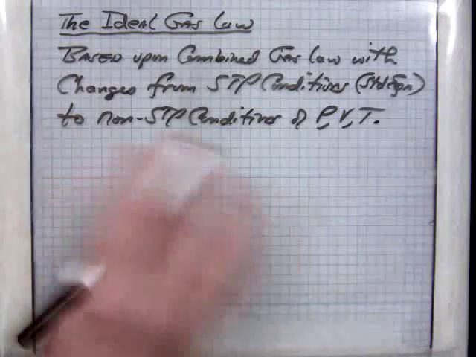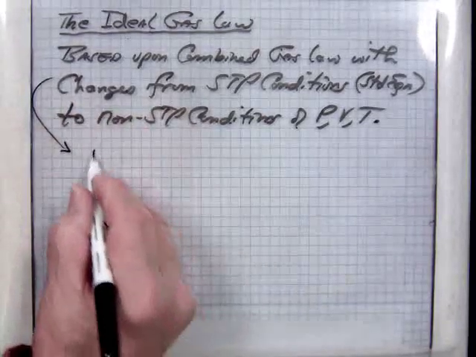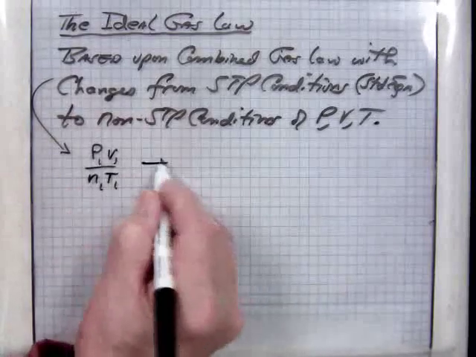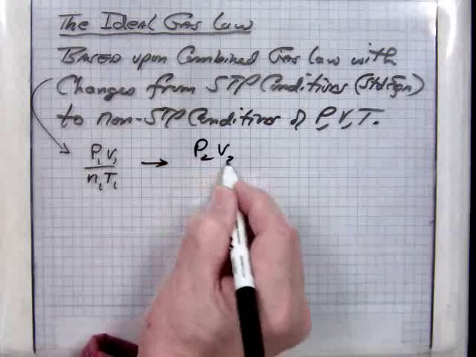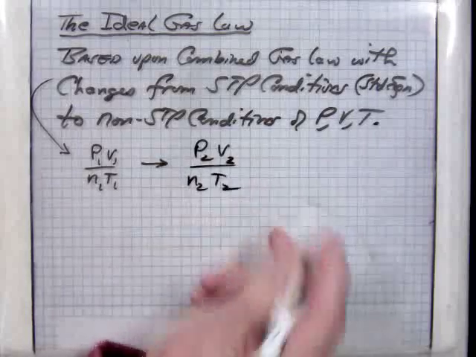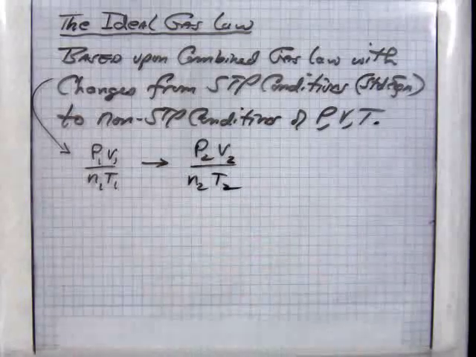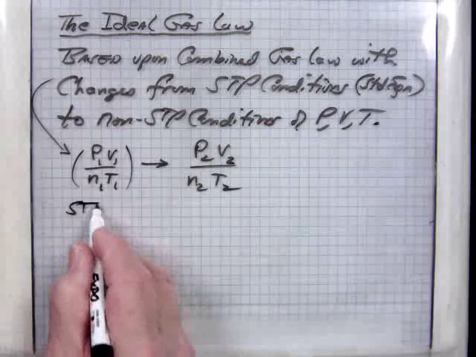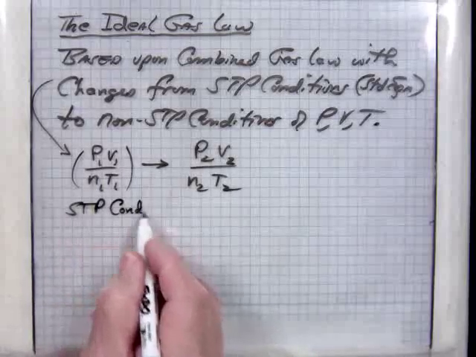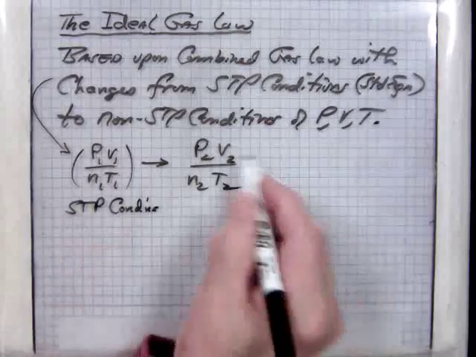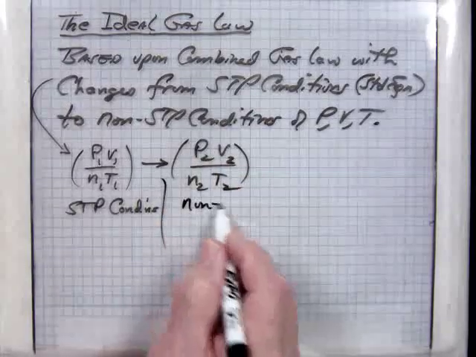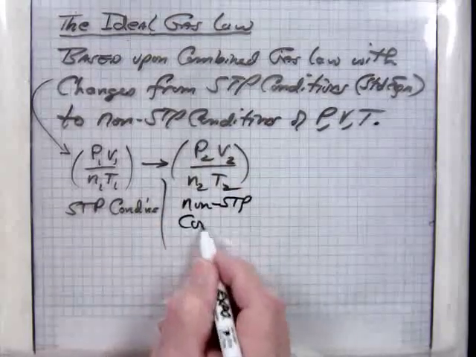So what this says is you have P1V1 over N1T1 going to P2V2 over N2T2. Case 1, case 2 scenario, right? No sweat. This one over here is standard STP conditions, and this one is, of course, non-STP conditions.